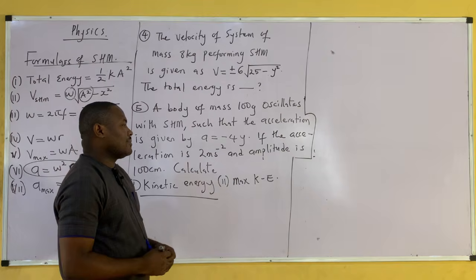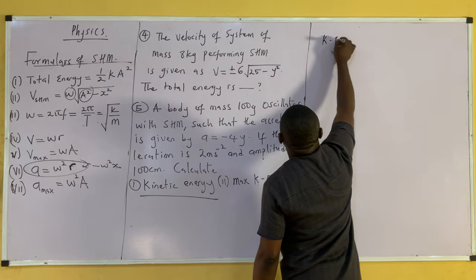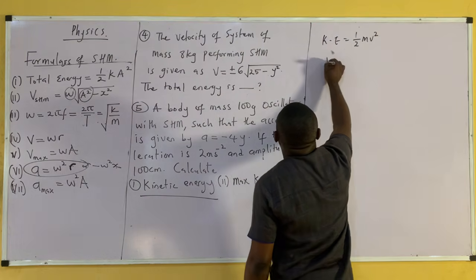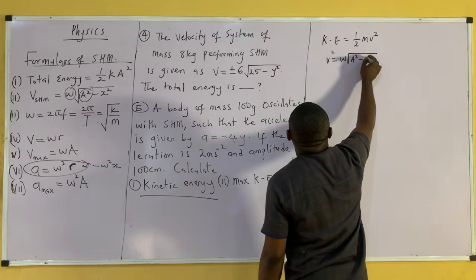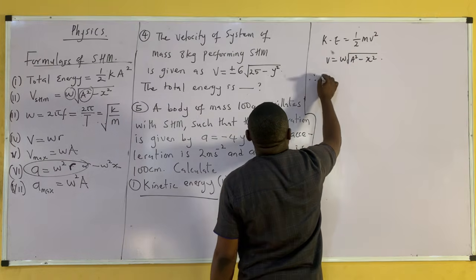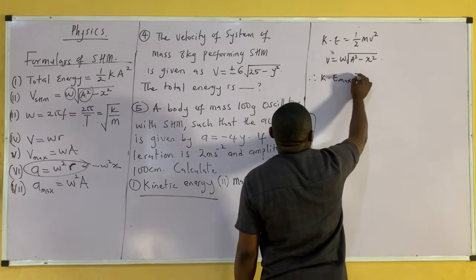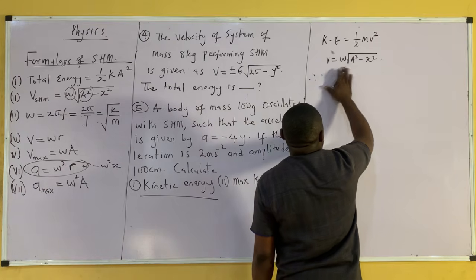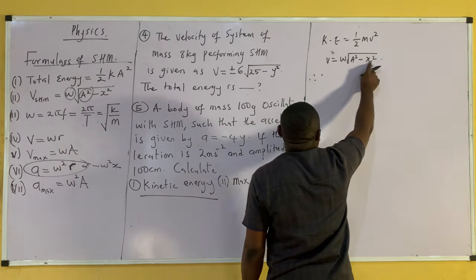The B part said maximum kinetic energy. Now remember that kinetic energy equals 1 over 2 mv squared. Then from here we say v equals w square root of a squared minus s squared. So what will now be the maximum kinetic energy? Remember that at maximum kinetic energy, s becomes 0.